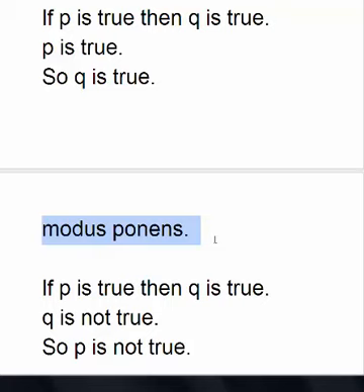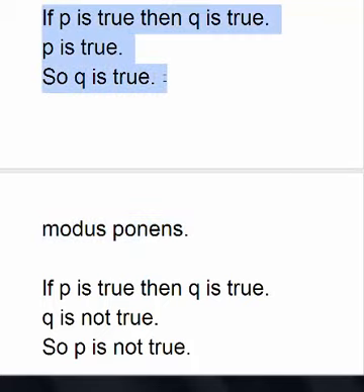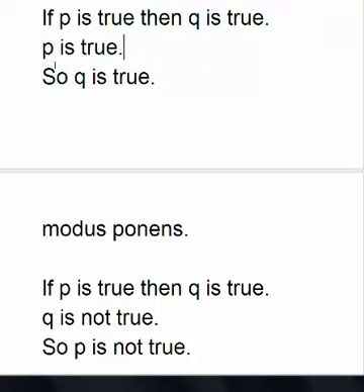Not all that important to know the Latin, I guess, but it doesn't hurt to give a name to this schema, or this argument schema, or syllogism form. If P is true, then Q is true. P is true, so Q is true. Modus ponens, affirmation. And here's the affirmation of the antecedent.